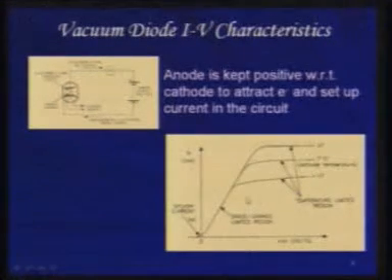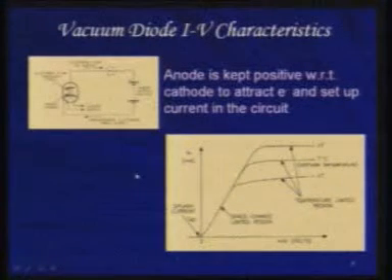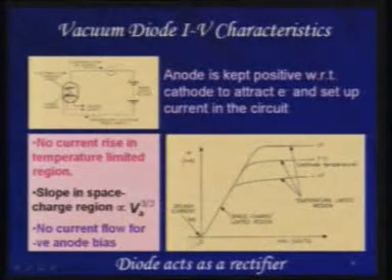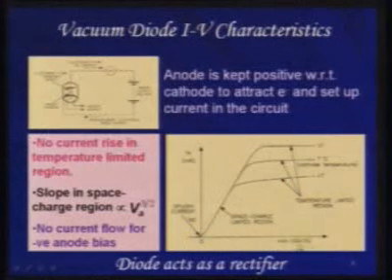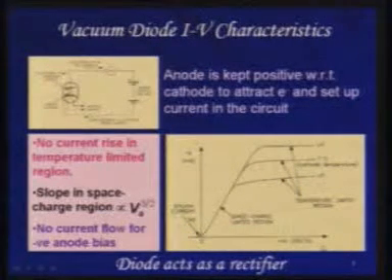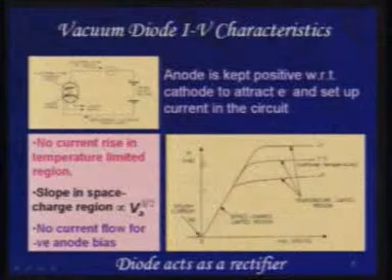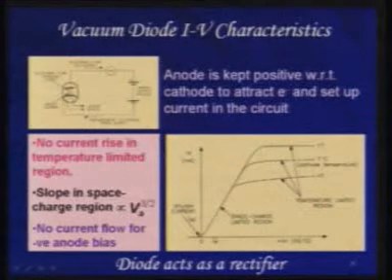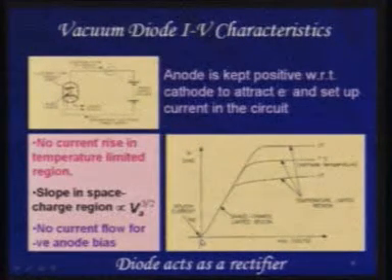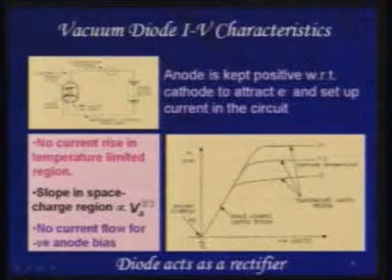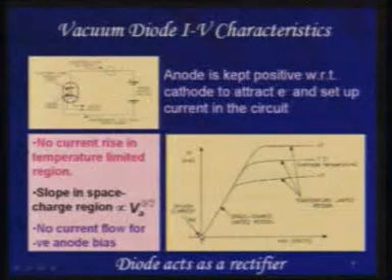What we had done here is the same thing that I explained to you just now. Here on this x axis is the anode voltage, and here on the y axis is the current. As I told you, when we don't have any voltage applied to the anode, then we have a very small current.